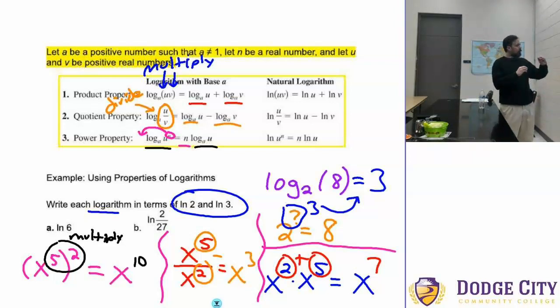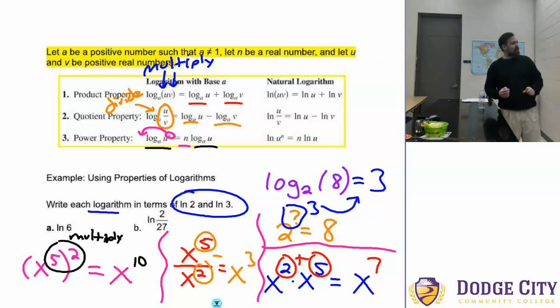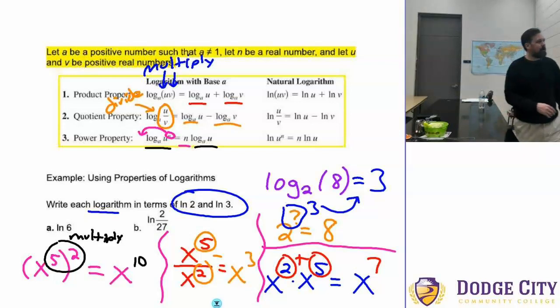So we have to rearrange the numbers we're given. We have to rewrite them so that all we have are 2's and 3's in our logarithm, and then apply the properties of logarithms as the opportunity avails itself. So apply the properties of logarithms whenever you can, right?